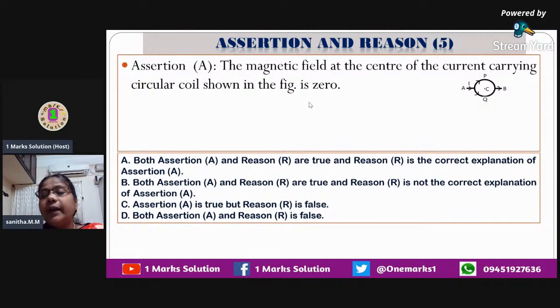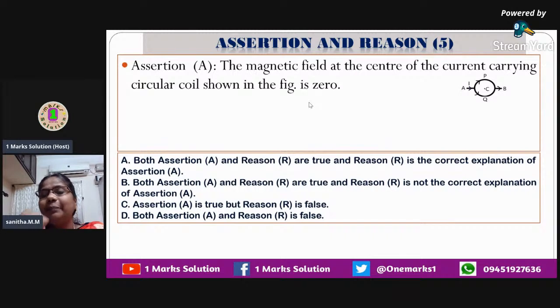So what is the direction of the magnetic field? Using the right hand thumb rule, the thumb is the magnetic field and the curling of the fingers gives the current. Reverse also: if this is the direction of the current, this will give the direction of the magnetic field. Always keep in mind, the thumb gives the north pole.